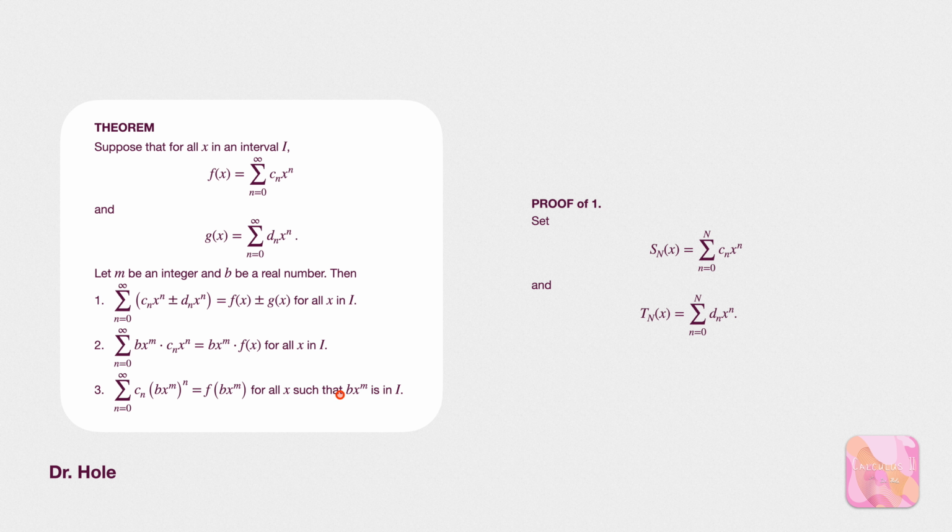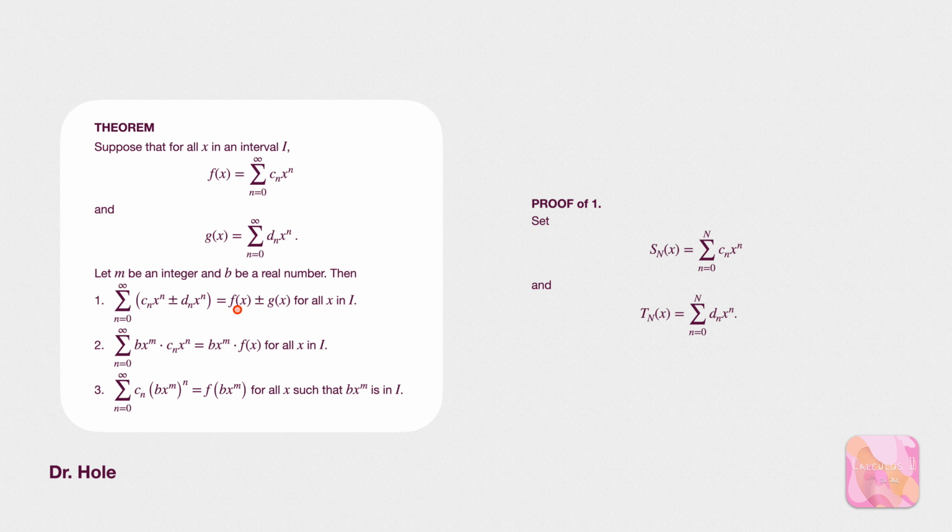The caveat being that interval I still governs. So if you manipulate the inputs, those inputs can be manipulated to any form that you like, but their values must still reside within I. So we'll see an example of that pretty soon. First, let's do the proof, and we're just going to do the proof of statement 1.